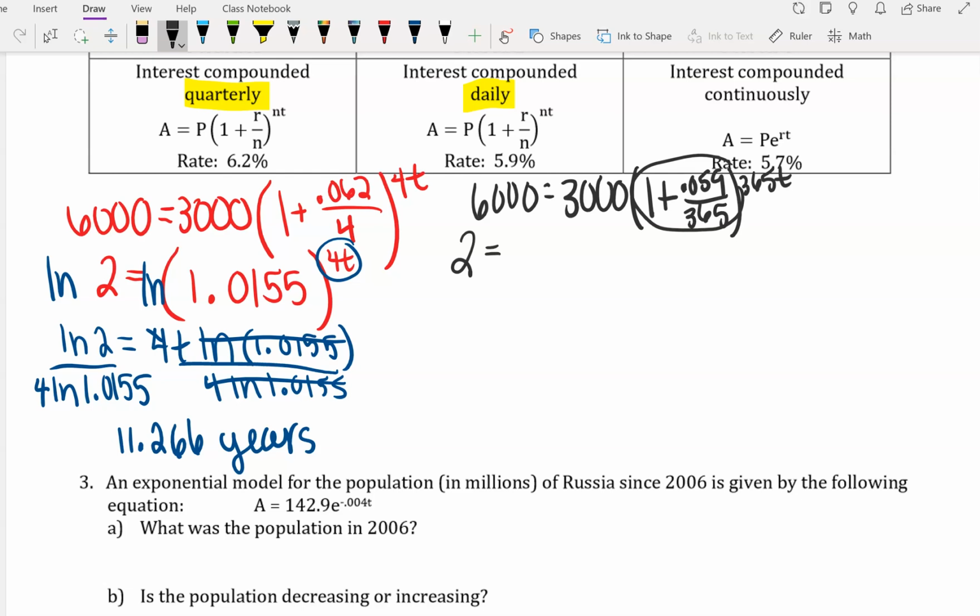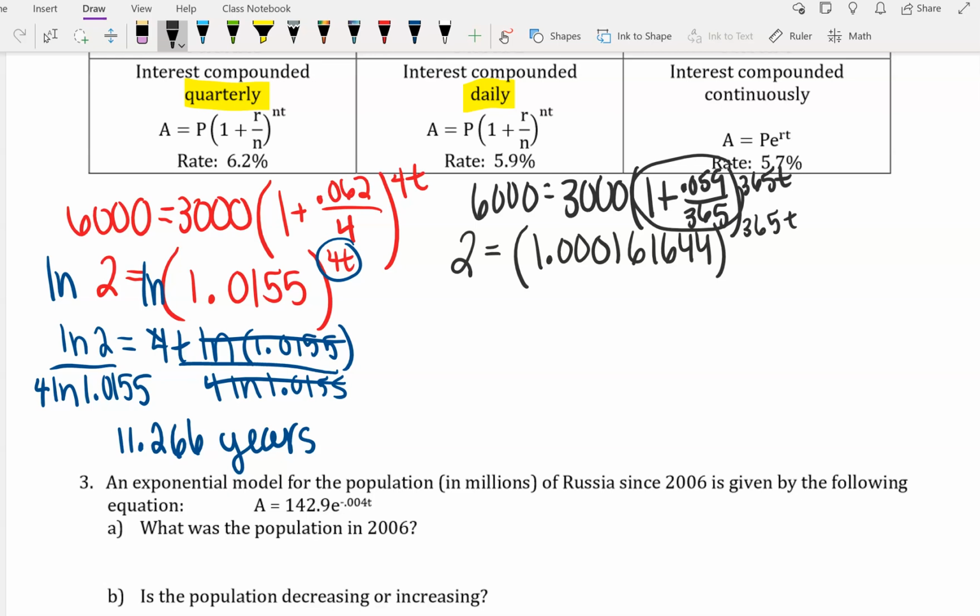I'm going to do 0.059 divided by 365, and then do 1 plus that answer, and I got a pretty ugly decimal, 1.0001644. I'm going to keep that stored in my calculator so that I can be pretty precise with my answer.